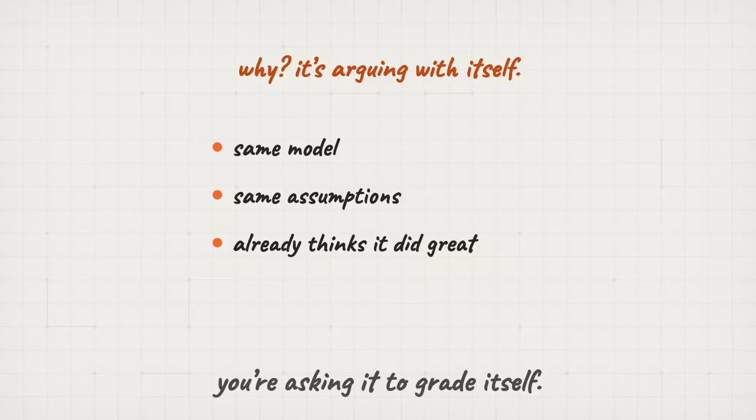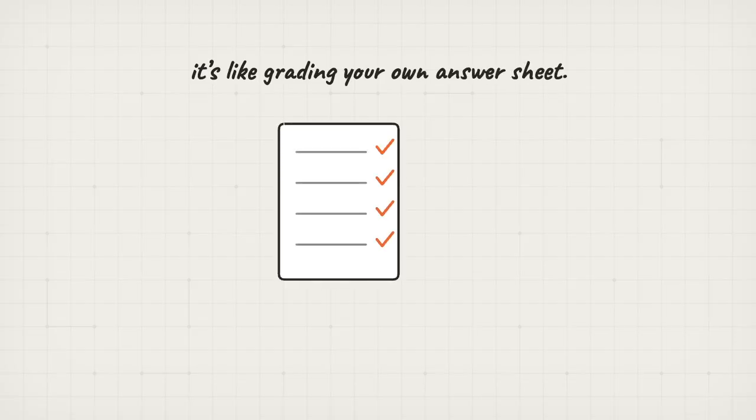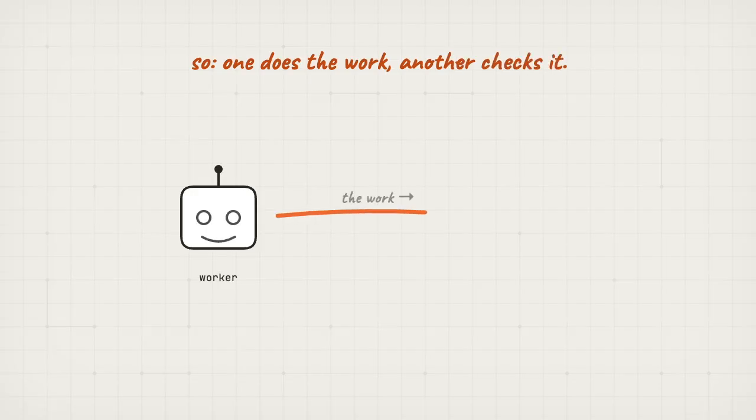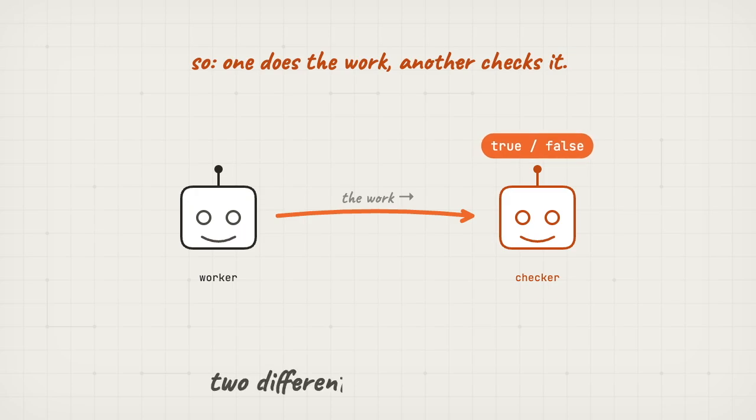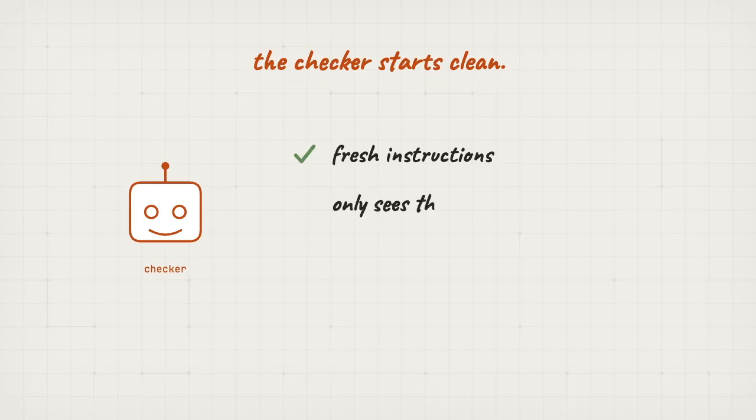So you are asking it to argue with itself. In simple words, it's like checking your own answer sheet. You will always pass yourself. So, what people do instead is use a separate checker. One agent does the work, a different agent checks it. And one important thing here, the checker gets its own fresh instructions. It never sees the reasoning that produced the work.